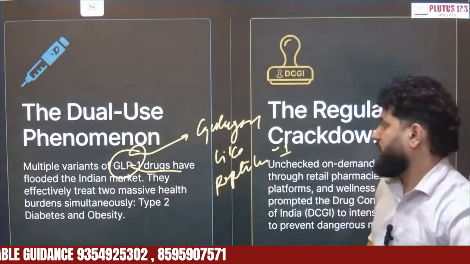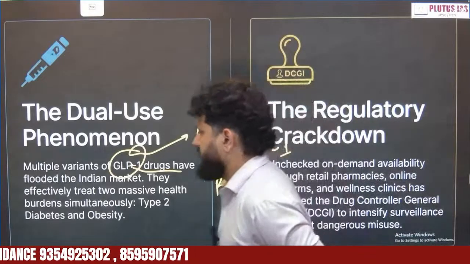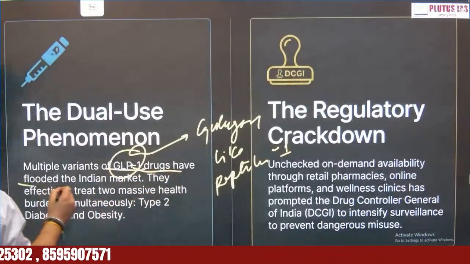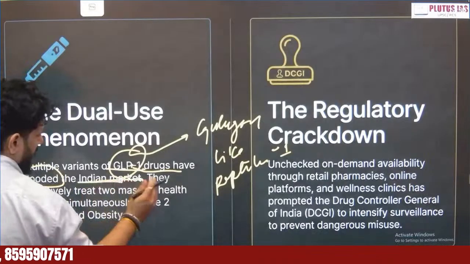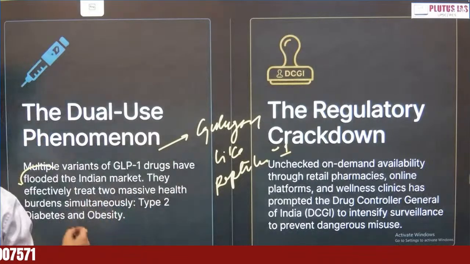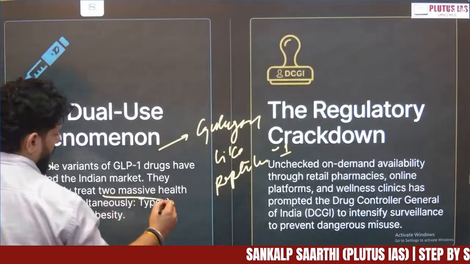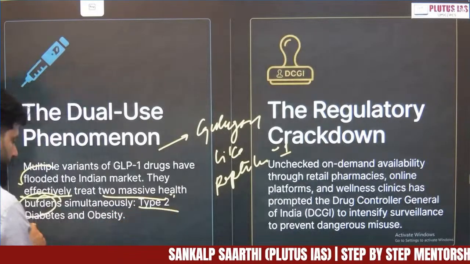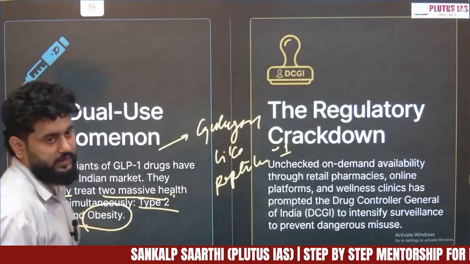ठीक है. The drug use phenomenon: multiple variants of GLP drugs have flooded the Indian market. They effectively treat two massive health burdens simultaneously: type 2 diabetes and obesity. This is the main thing.